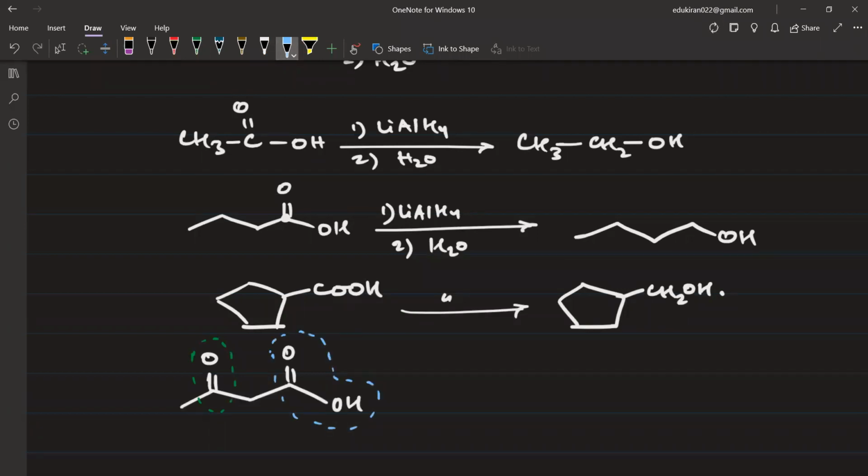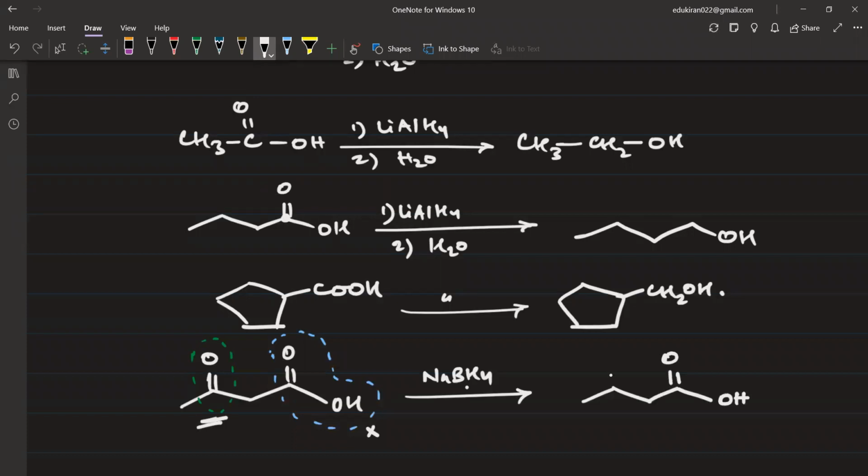This is the carboxylic acid group. And in the reagent, if I have NaBH4, so NaBH4 can reduce ketone, but it cannot reduce carboxylic acid. So this carboxylic acid will be as it is. This ketone will get converted to OH.